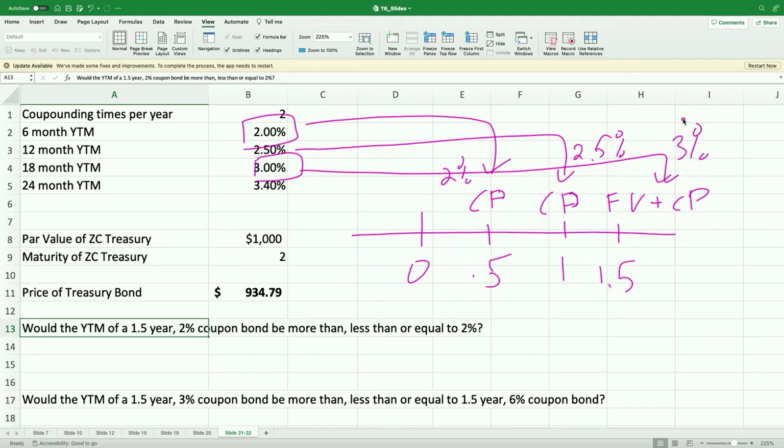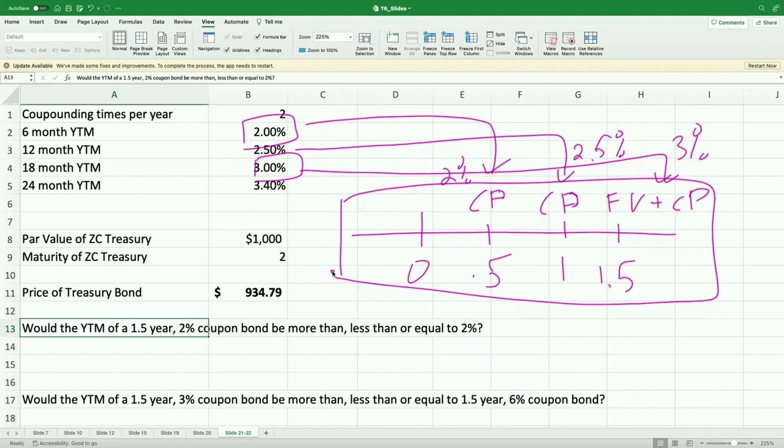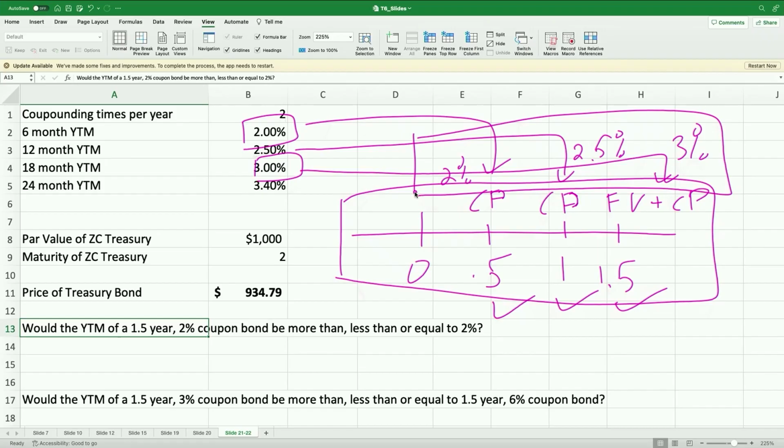Okay. So the yield to maturity of this entire bond, which has these 3 cash flows, is going to be some weighted average of 2%, 2.5%, and 3%. Remember, that's how you can think about yield to maturity.